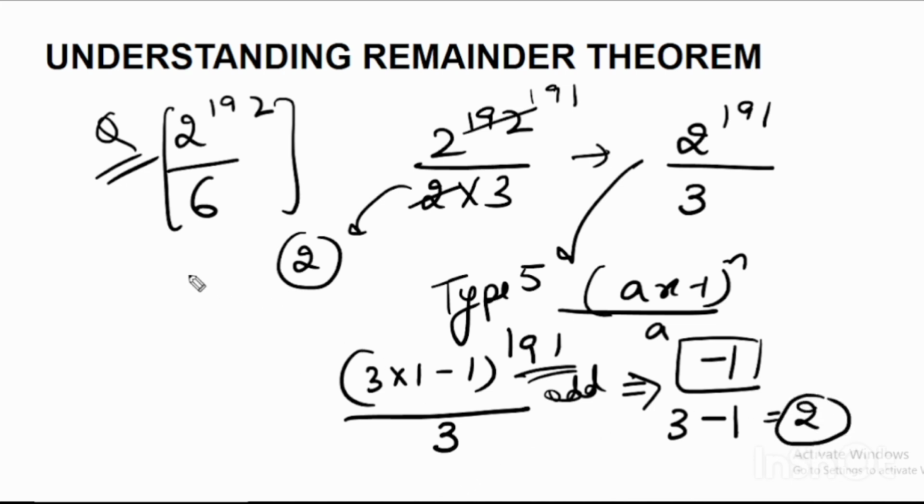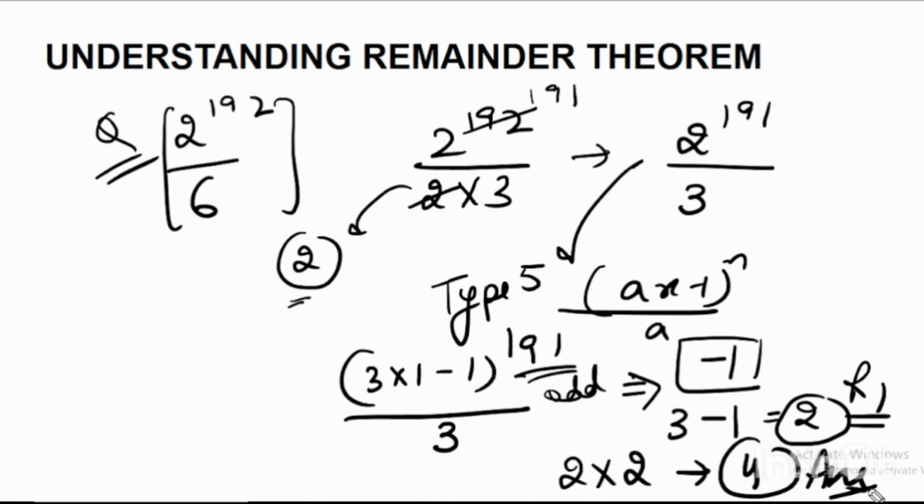Now since this is your R1, you have to multiply it with the numbers that you used to simplify your expression. So 2 into 2, that is 4. This is your answer. So this was all about the remainder theorem.